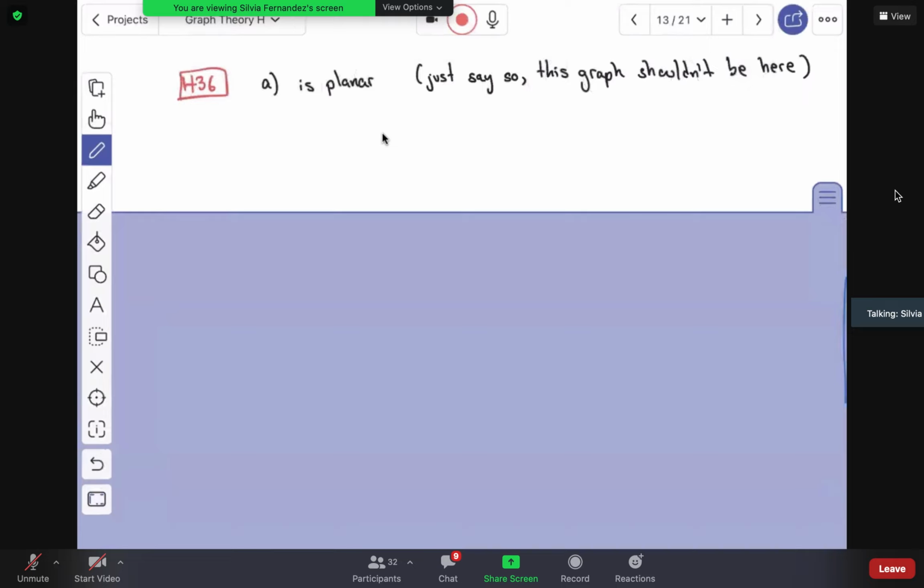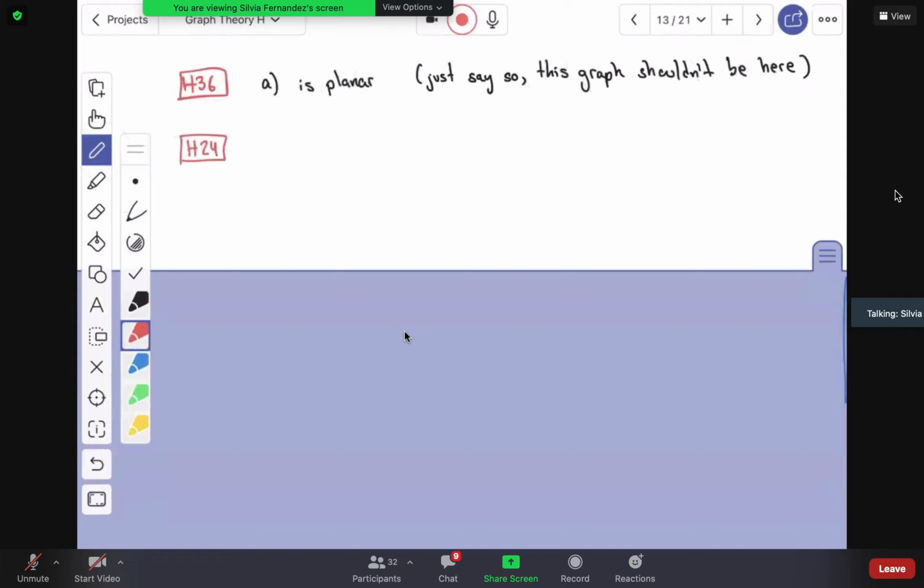Okay. So for all of the others, you have to prove or disprove planarity, right? So let me start. For the first one, I think it's a little bit easier because all those drawings are not planar. In H24, if there are more questions in H36, we'll go back to that, okay?